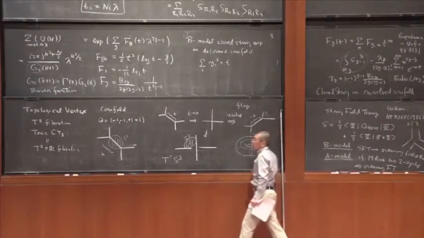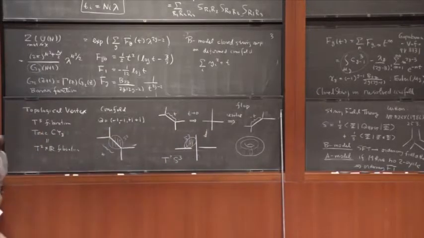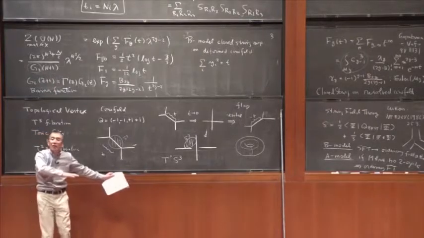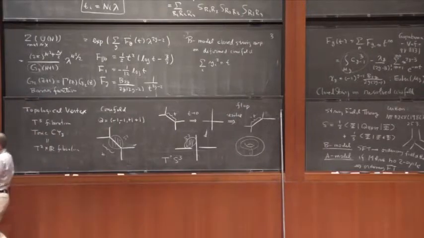Now, if you go to its mirror partner W, then a B-brane should correspond to the original A-brane. A B-brane can wrap only on a holomorphic submanifold. So that means that a Lagrangian submanifold in the A model should get mapped to a holomorphic submanifold for its mirror.